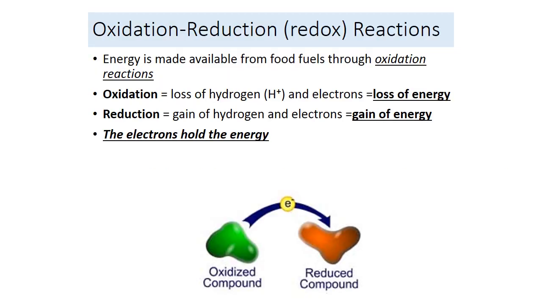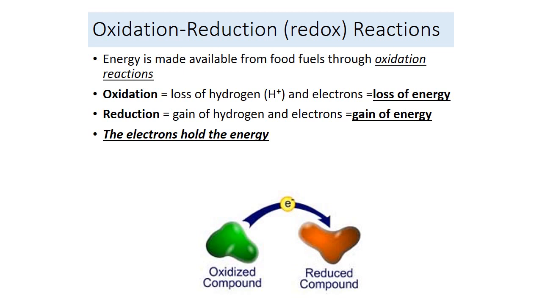The different reactions that occur within the cell, the oxidation reactions, the burning of glucose, are known as oxidation reduction reactions, or redox reactions. As a basic concept, when something is oxidized, it's losing electrons. And the electrons, remember, are what create the bond between atoms, between molecules.